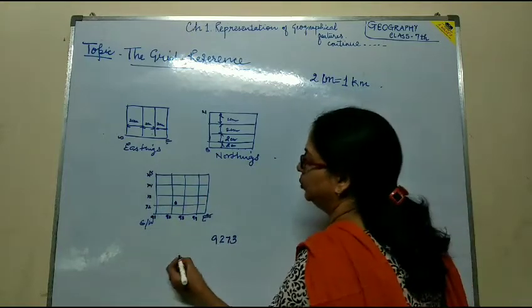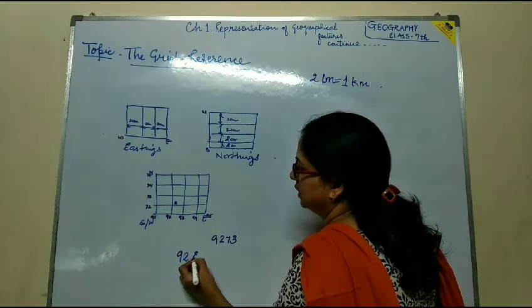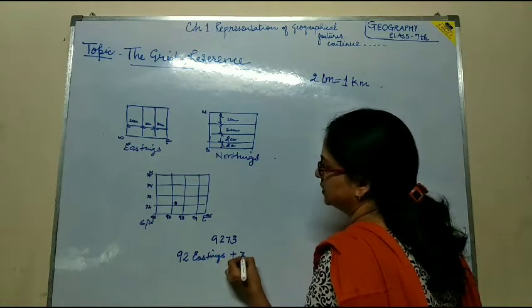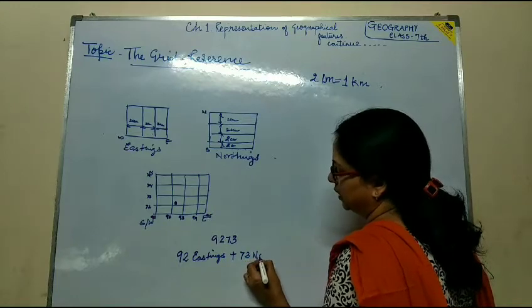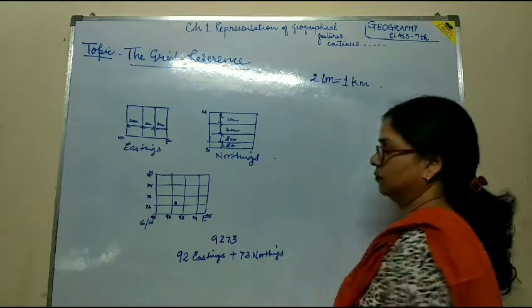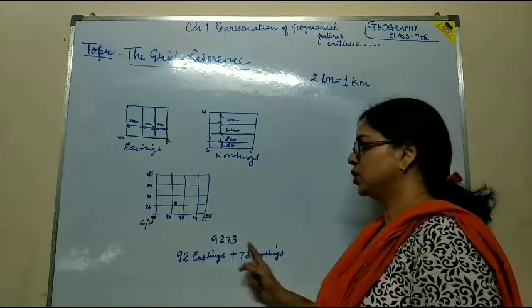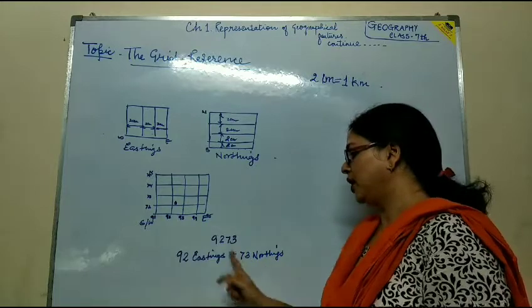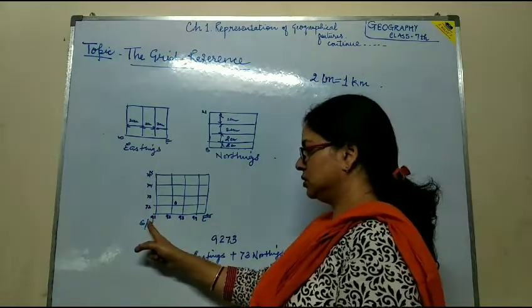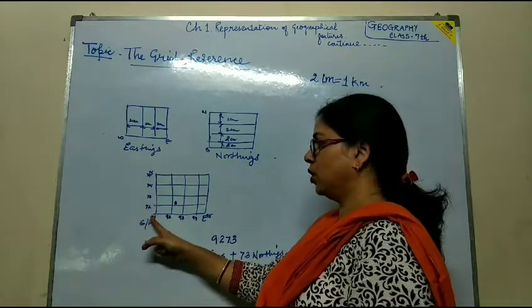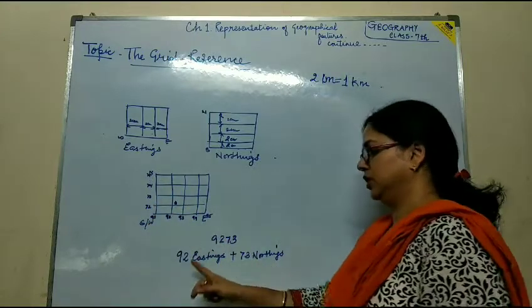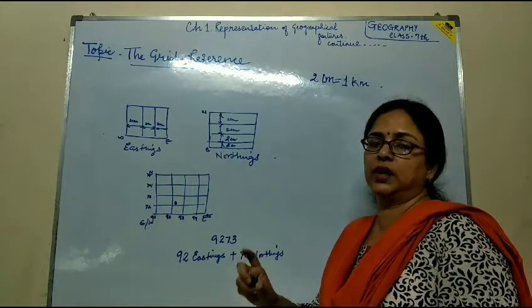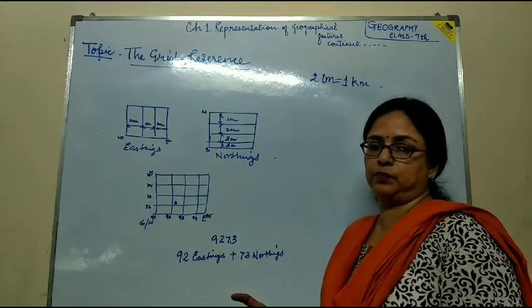So here 92 is the easting and 73 is the northing. We will find this location by going from west to east up to 92, and from south to north up to 73. In this way we will find the location of a particular place on the topographical map.